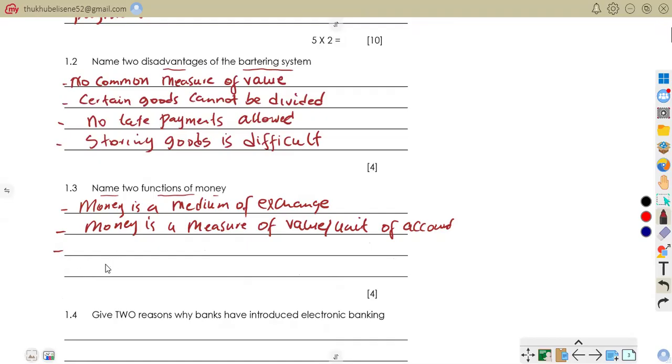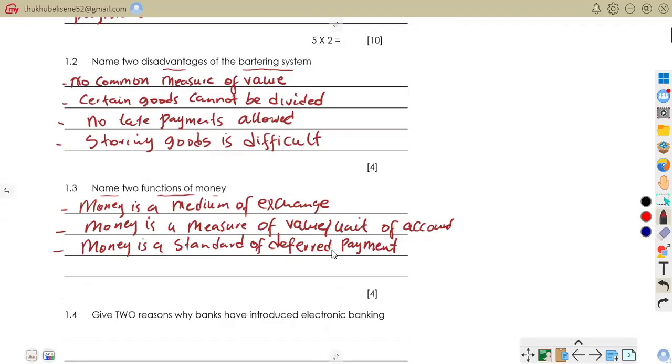Also, money is a standard of deferred payment. So it means money allows people to pay debts over time.